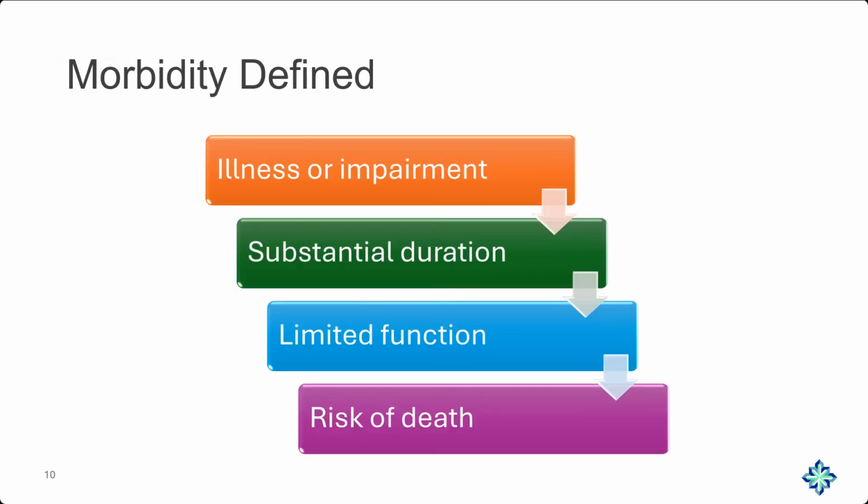I do want to talk about morbidity just a little bit more. Now, mortality is pretty easy to define, life or death, right? So threat to the patient's life. Morbidity is a little bit different. And we get questions on this, so I want to make sure that I'm clarifying morbidity here.